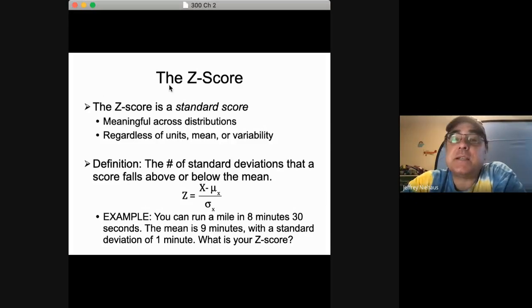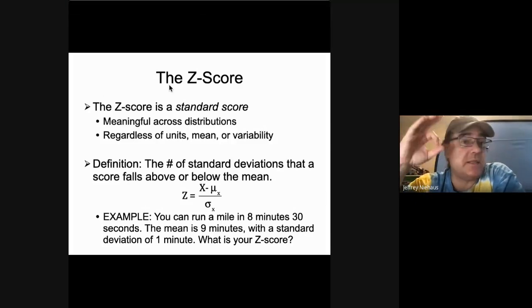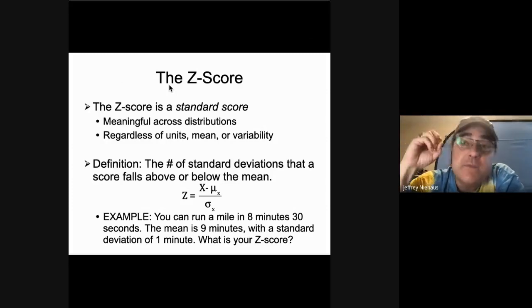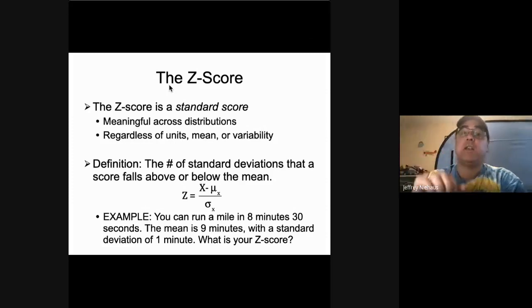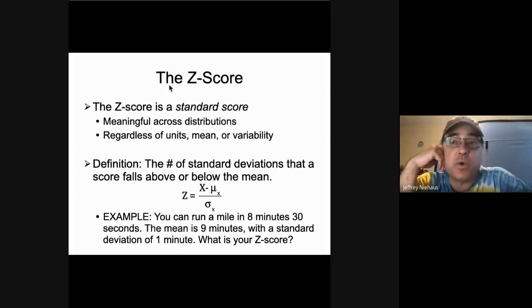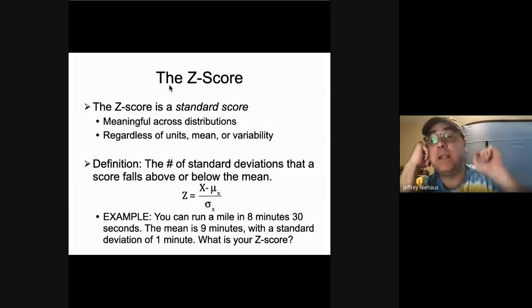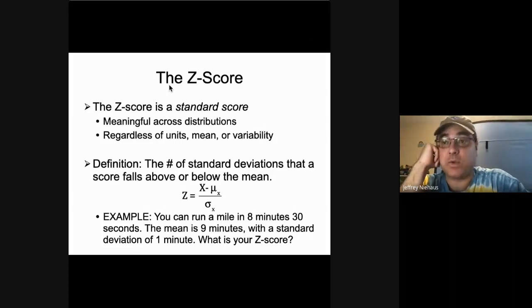The nice thing about this is that it does not rely on units, it does not rely on the mean, and it does not even rely on the variability. All those things get mixed in, but when I give you a standard score, I have baked all those things into the calculation, and your standard score doesn't actually rely on any of them anymore. So if I say, hey, I got a z-score of 2.5, no matter what I've been measured on, you know that I am really, really way above the mean on whatever was measured.